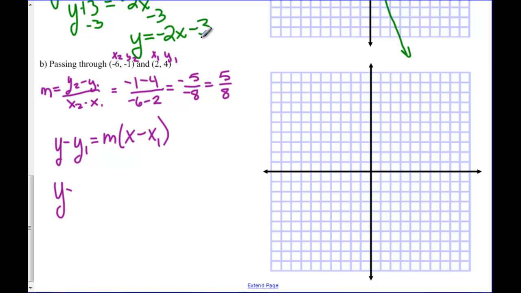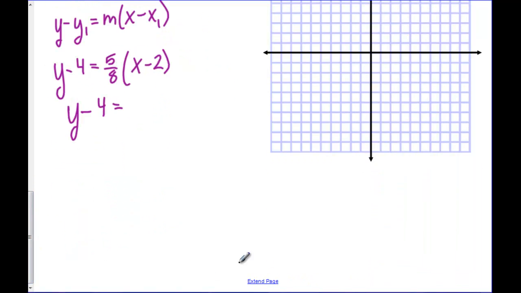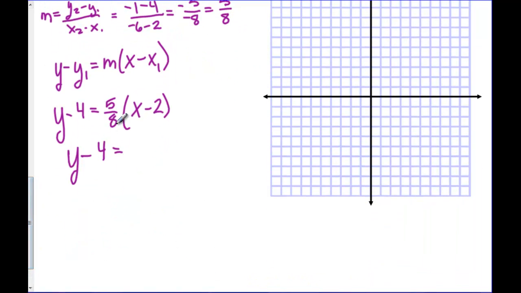So the y minus our y1, I'm going to choose 4, equals the slope, that 5/8 you told me about, times x minus our x1, which is 2. So we're going to have y minus 4 equals. And then we're going to need to distribute that 5/8. So we're going to have 5/8x, and then minus 5/4, is that right?